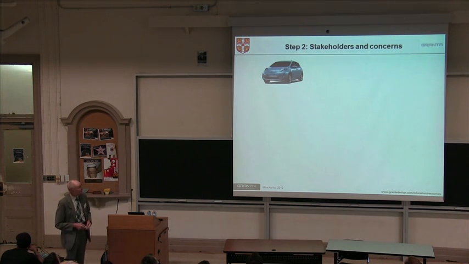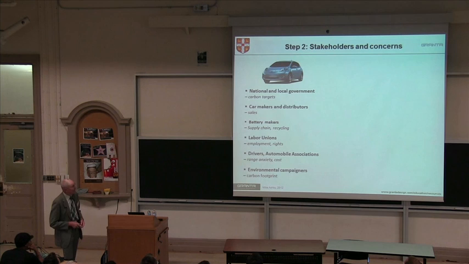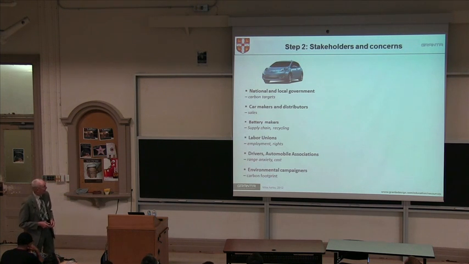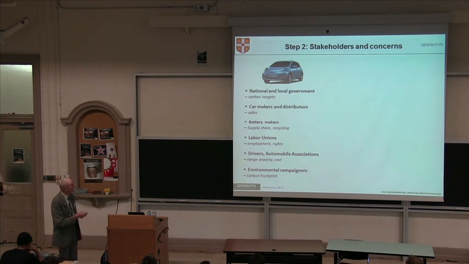Well, we need to know who the stakeholders are. You can think of a lot, and I'm not going to, if you look at this, you'll find even more, but some obvious ones are national and local governments, and the evidence of this is their subsidies and all the rest of it that they now offer, and their driving force is the carbon targets that they have agreed to meet, international agreements to reduce carbon.